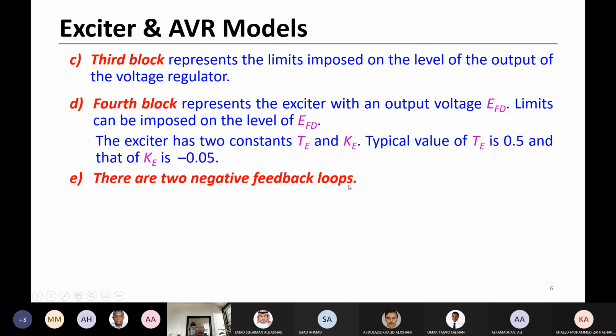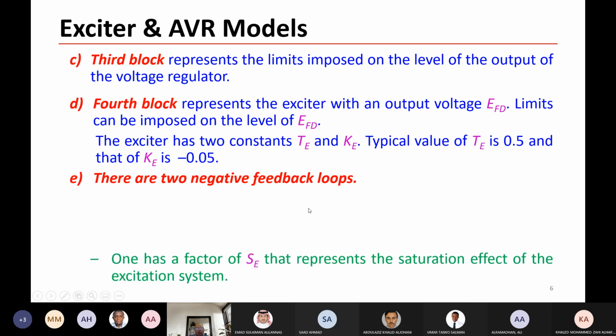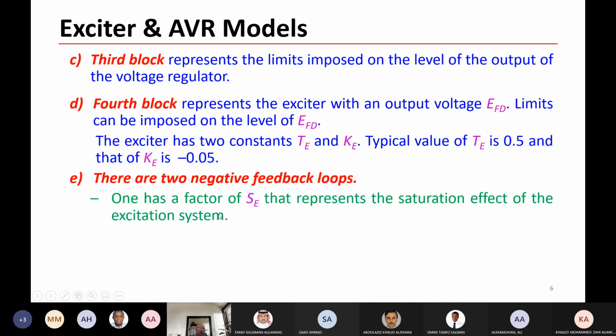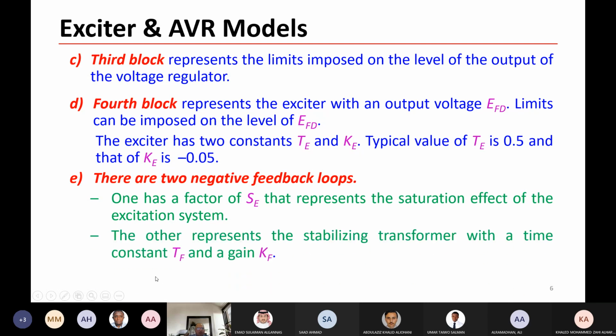There are two negative feedback loops. The first one is through the saturation factor, SE, that represents the saturation effect of the excitation system, and the second one represents the stabilizing transformer with a time constant TF and gain of KF.